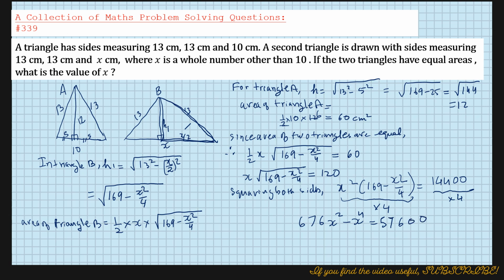So we can rewrite this as x to the power 4 minus 676 x squared plus 57,600 equals 0.